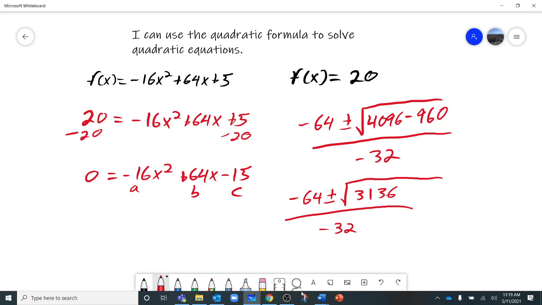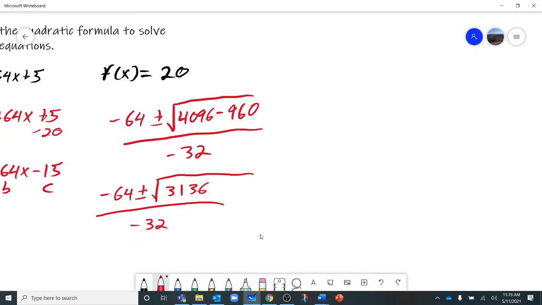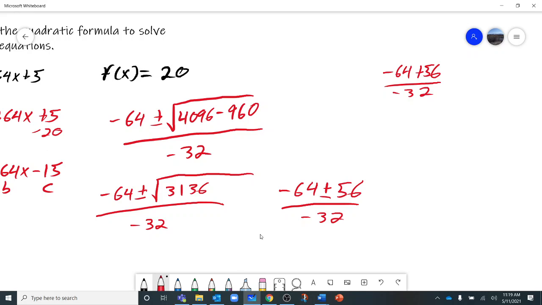I'm just going to go ahead and take the square root of that. Oh, and it's a perfect square. How nice of them. So we have negative 64 plus or minus 56 all over negative 32. All right, so let's do negative 64 plus 56 over negative 32.